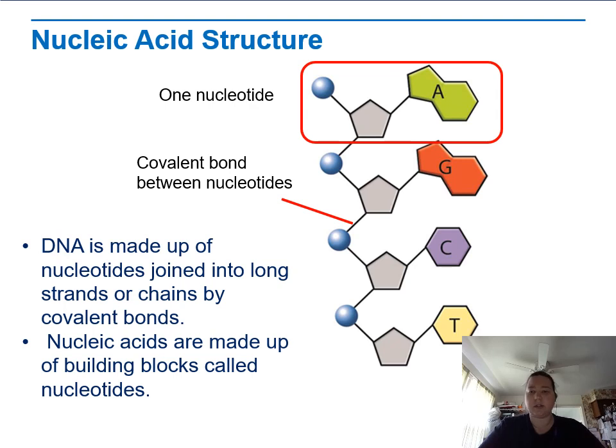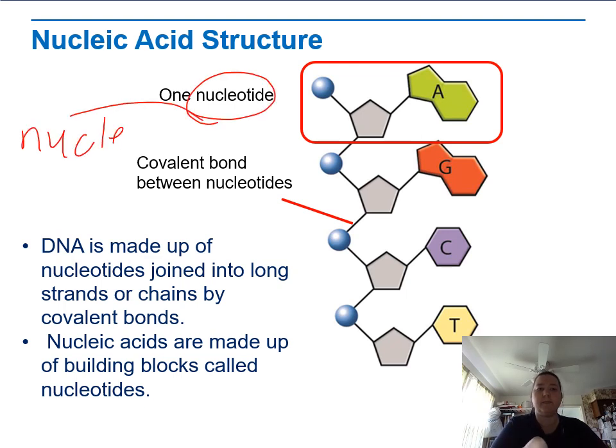Nucleic acid structure is basically a line of repeating units, okay? And these repeating units are called nucleotides. Oops, that's written there. You read that. All right. So these repeating units, which if you remember from way back when, are called monomers, okay?